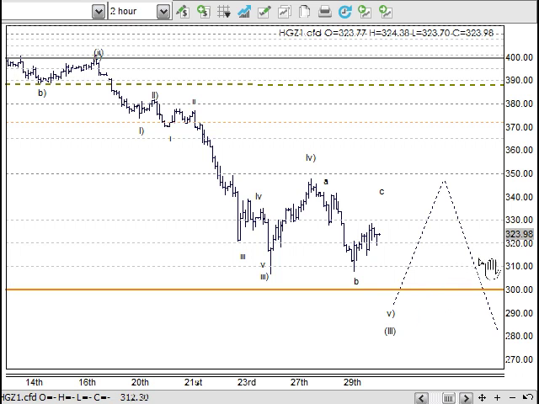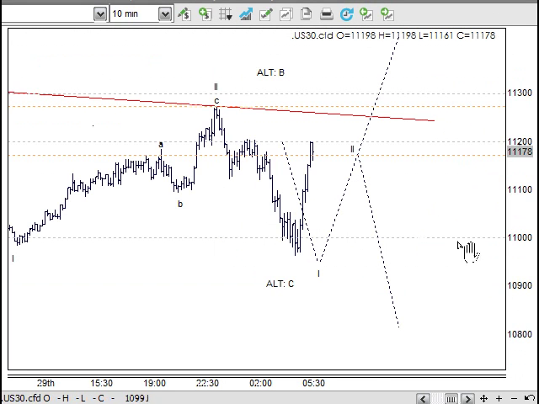So understanding what's going on in the European market by looking at the DAX, and then narrowing down what's occurring in the US markets, that's the situation here.